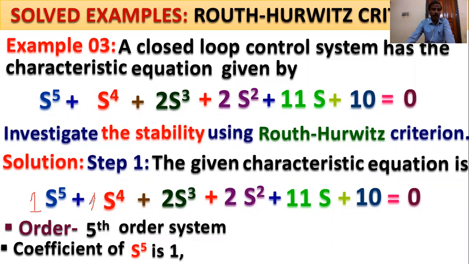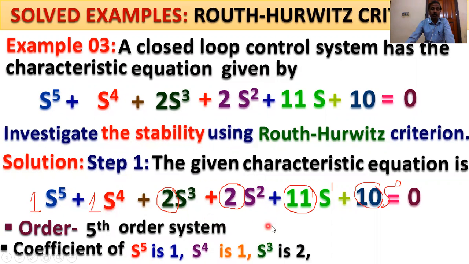Also the s to the power 4 coefficient is 1, s cube coefficient 2, s square coefficient 2, s to the power 1 coefficient 11, and s to the power 0 coefficient, the constant, is 10.